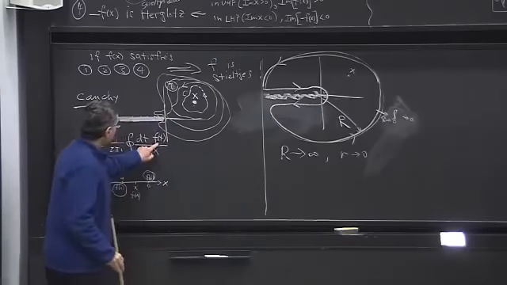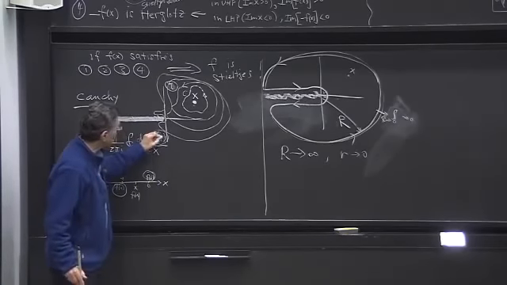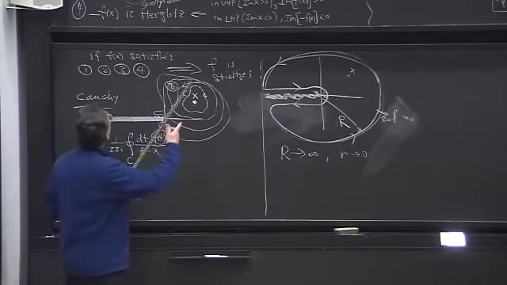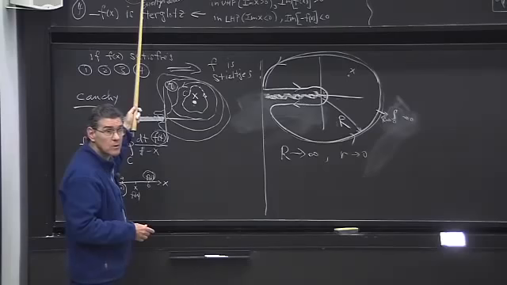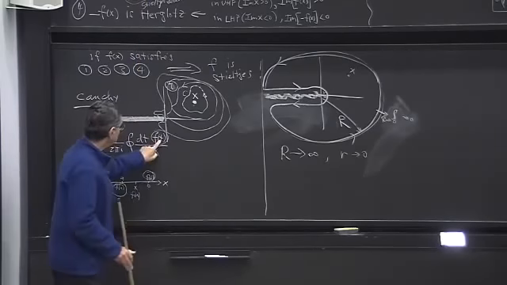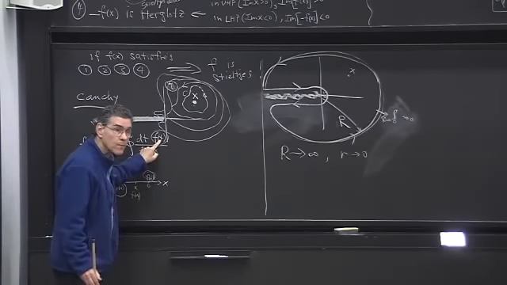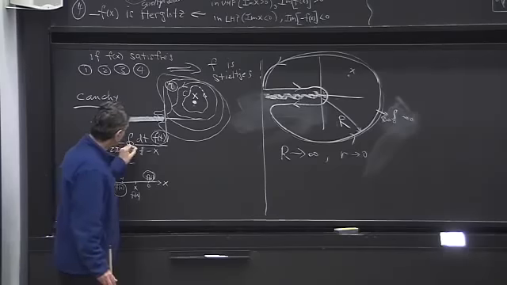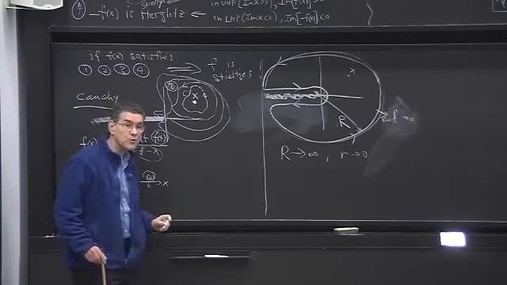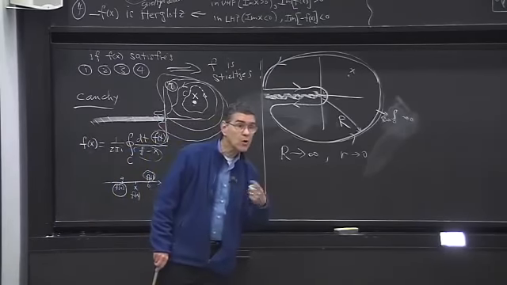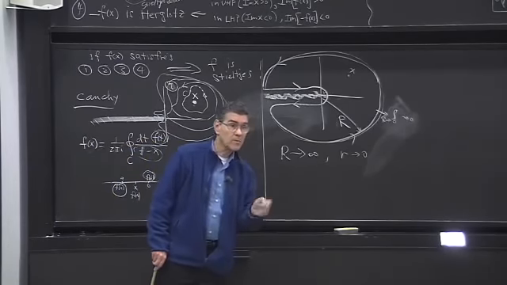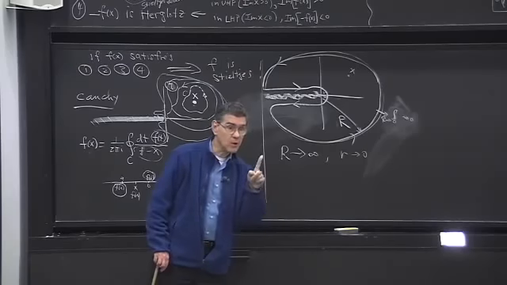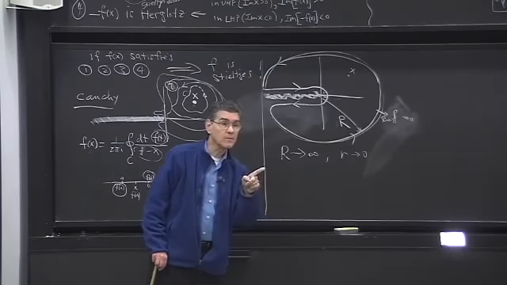Because we know that this function goes to 0 at infinity, that is property 2. And the denominator is going to 0 like 1 over R. But the length of the contour is blowing up like R.